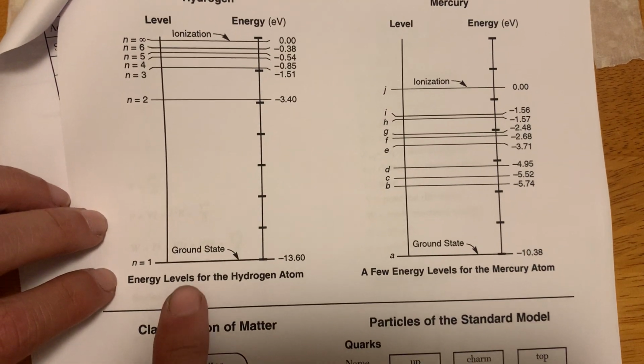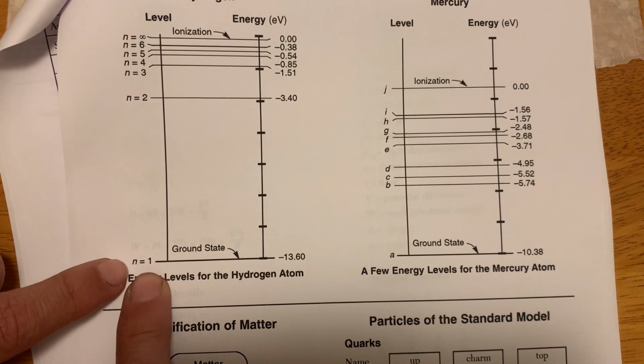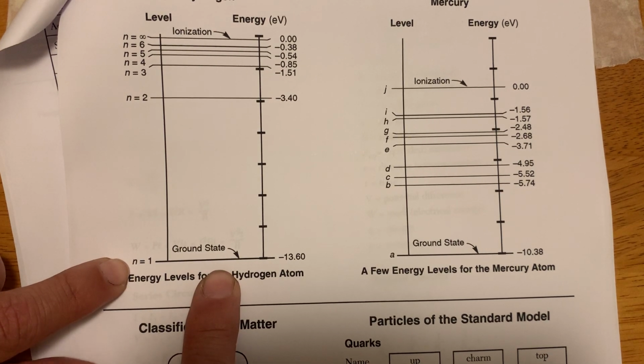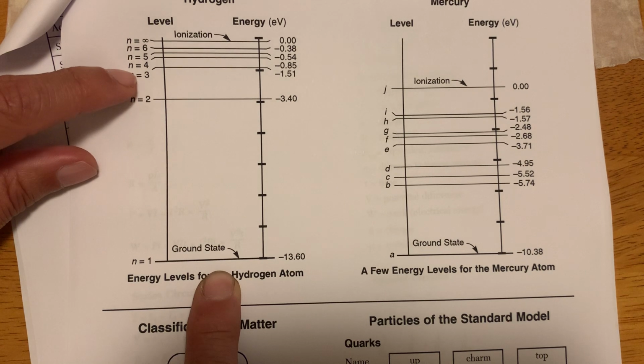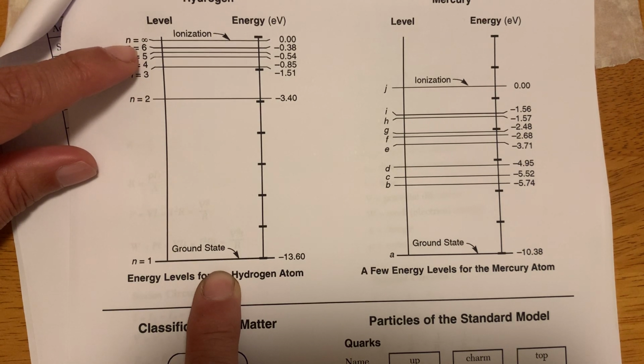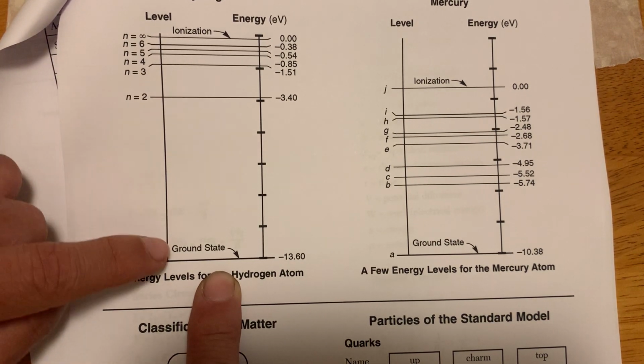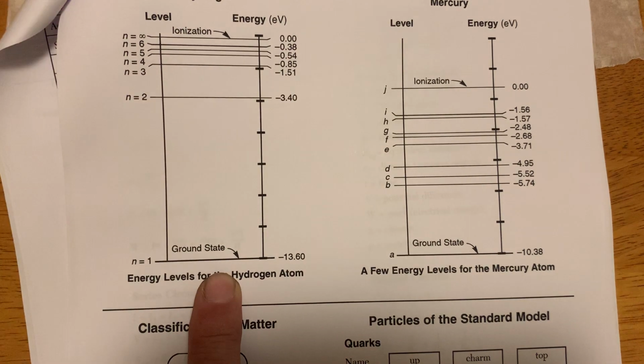Well, I can have the electron at the ground state, and I can give it some energy. I can go to 2, 3, 4, 5, 6, and then infinity. We're going to talk about what that means in a second. Just think about this as the circles around the outside of my hydrogen that it's orbiting.